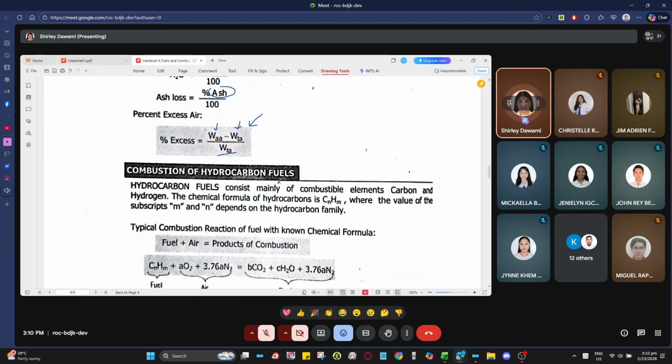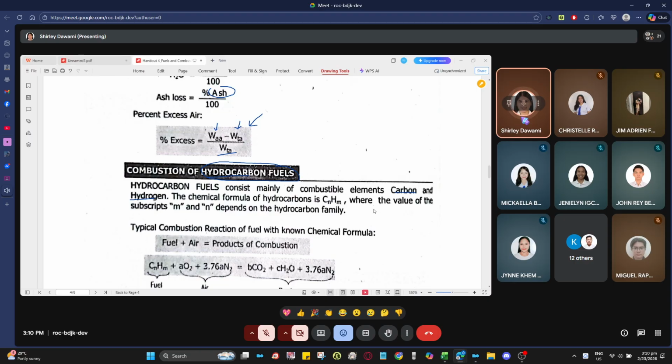Okay, so next we have combustion of hydrocarbon fuels. Hydrocarbon fuels consist mainly of the combustible elements carbon and hydrogen. Di ba? So hydrocarbon fuels are fuels made only of carbon and hydrogen atoms.